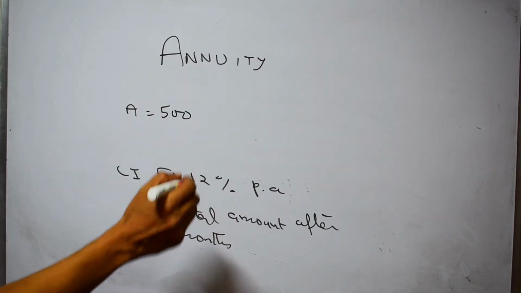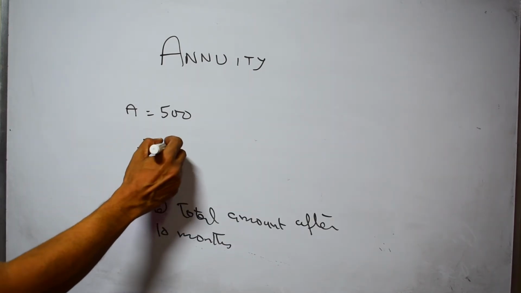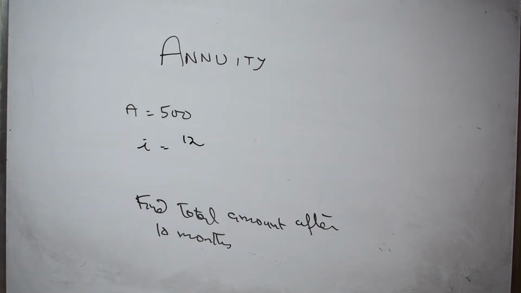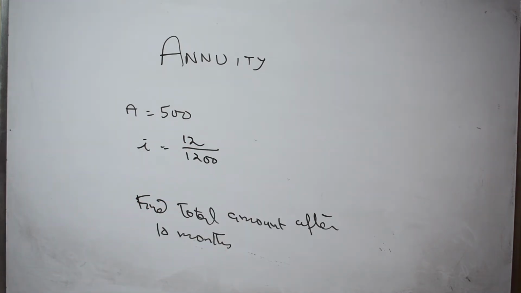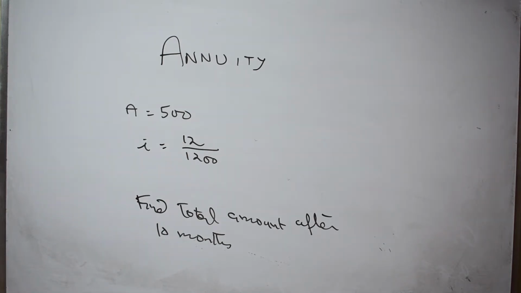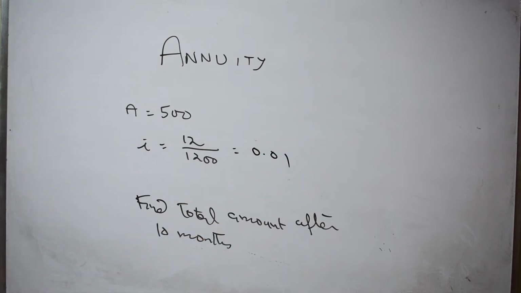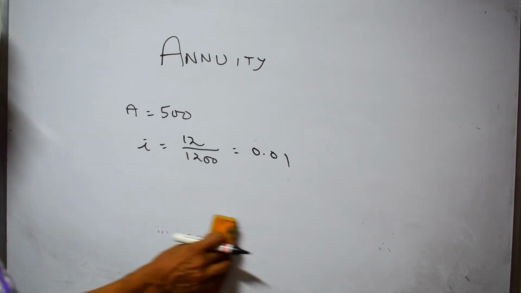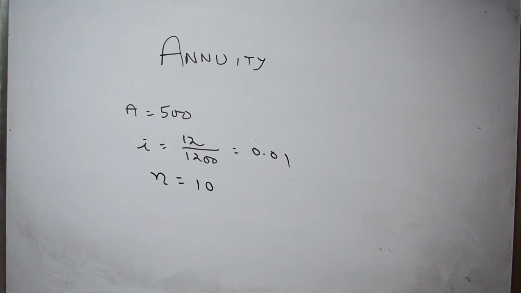Now the rate is 12% per annum. So we will take I, but here it is monthly, so 1200. Why? Because I said before that it is R by K into 100. So it will come to 0.01. And the next one is the number of installments, 10, because we are investing for 10 months.